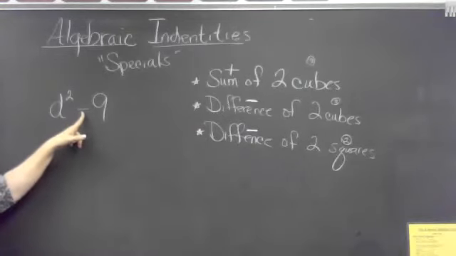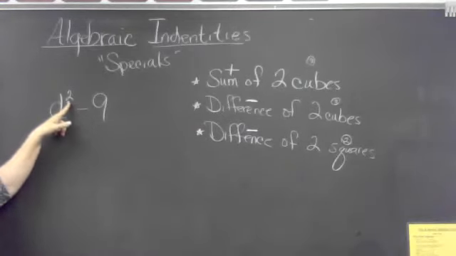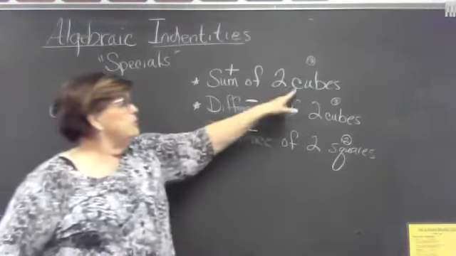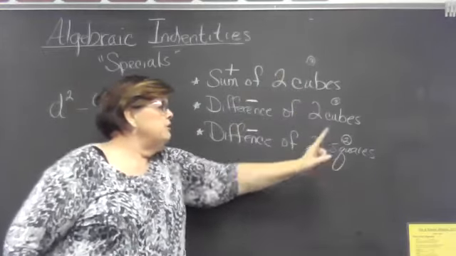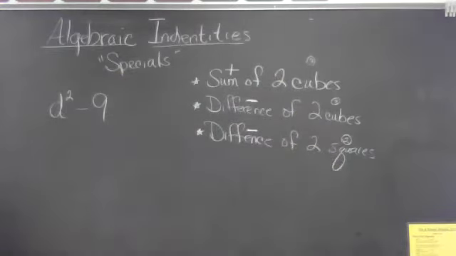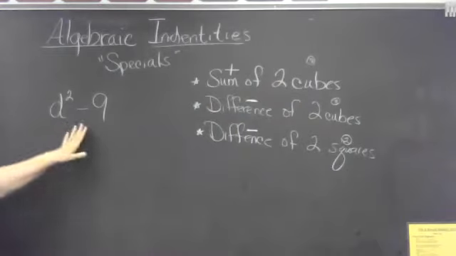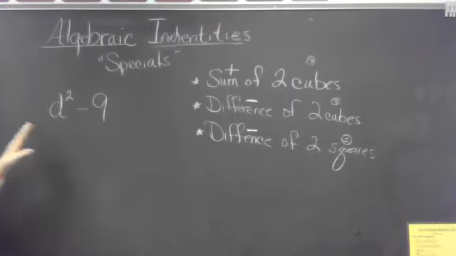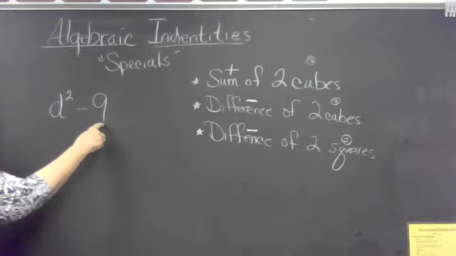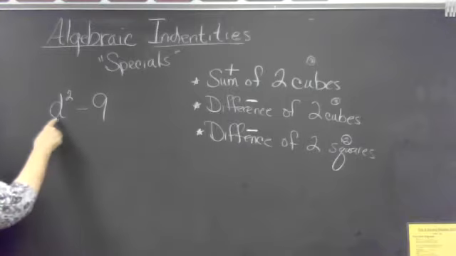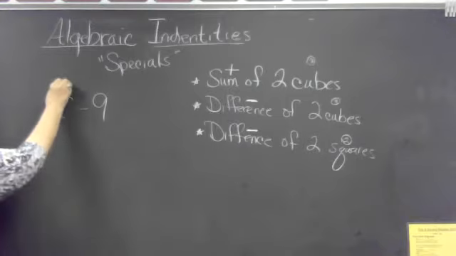Your next clue is going to be right here. It can't be cubes because cubes has an exponent of 3, and this has 2. This one could be it. The way you check to make sure that it definitely is, is if you can find the square root of this term and the square root of this term. The square root of d squared is d.